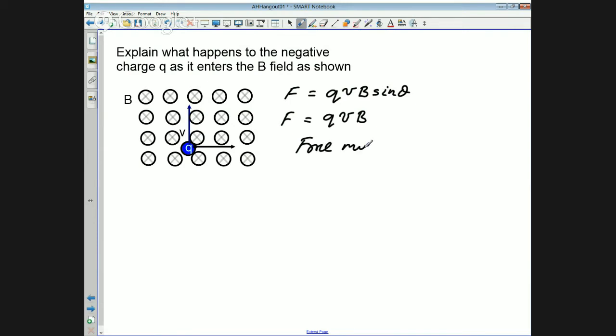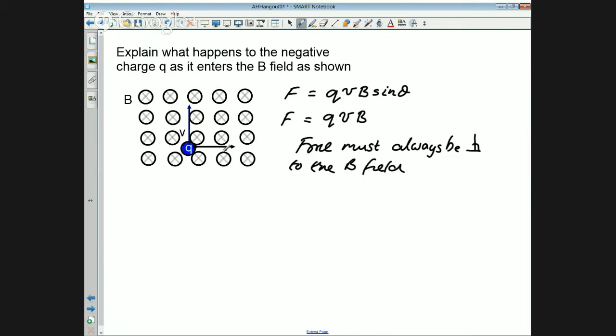simply because the force must always be perpendicular to the B field. So it's going to experience a force constantly pointing in towards the centre.